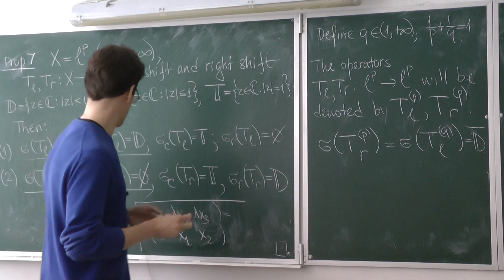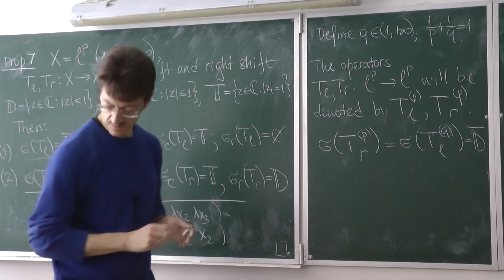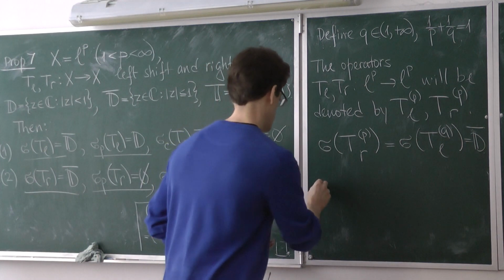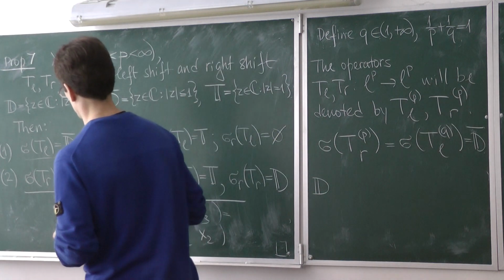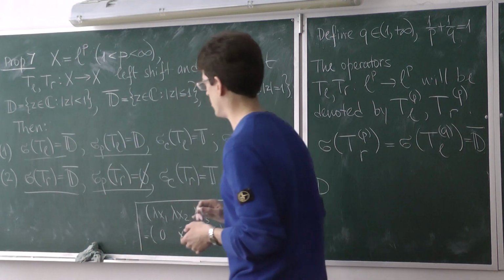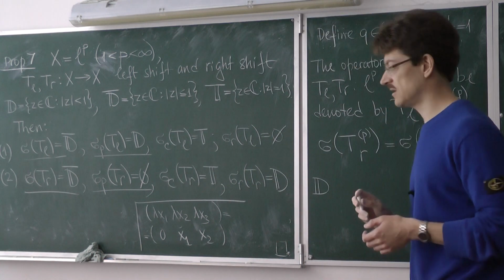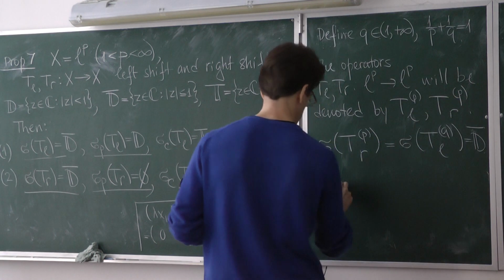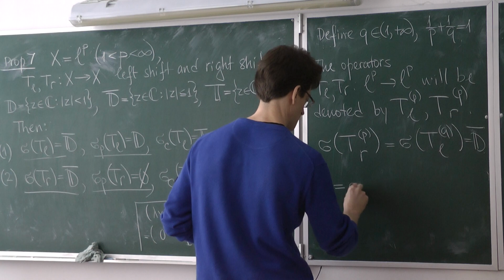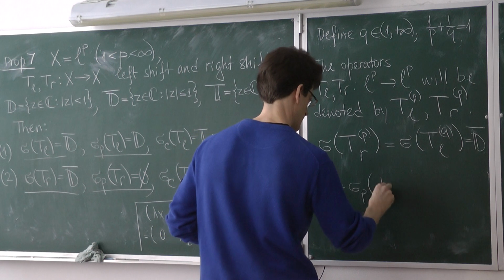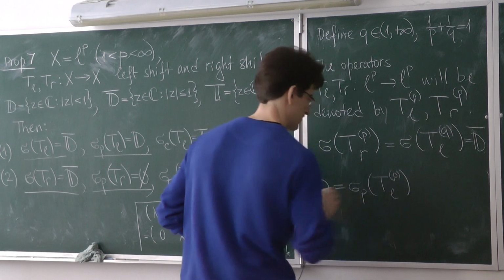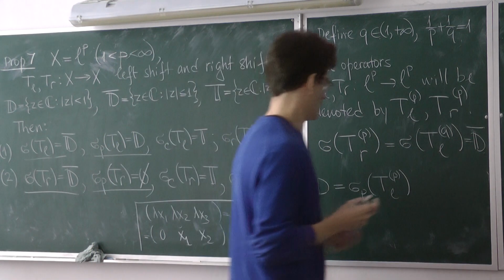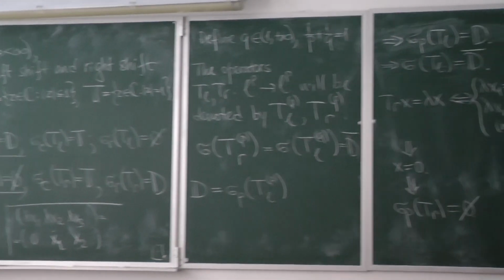Okay, now let's use the already proved result that the point spectrum of the left shift operator is the open disk. So the point spectrum of the left shift operator on LQ is the open disk. Okay, we now use this inclusion.